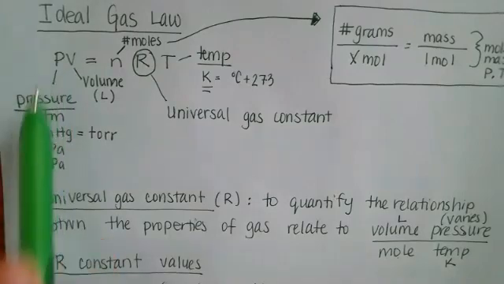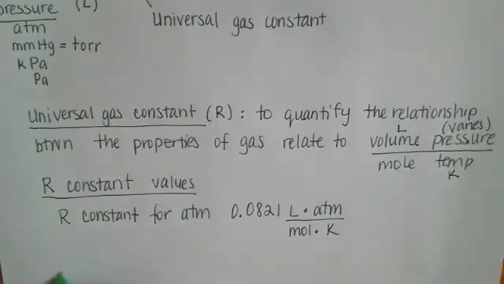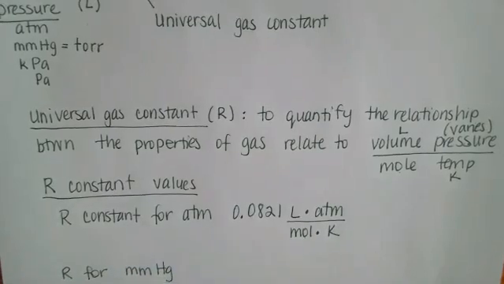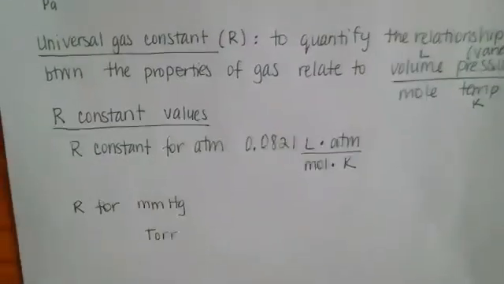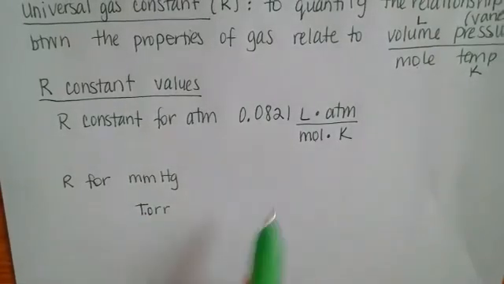Well, what happens if we were given a pressure in mmHg or in torr, since they're the same values? The R constant for mmHg or for torr, again, doesn't matter if you capitalize. Oops, I'm off the screen here a little bit. Capitalize or lowercase is acceptable for torr.